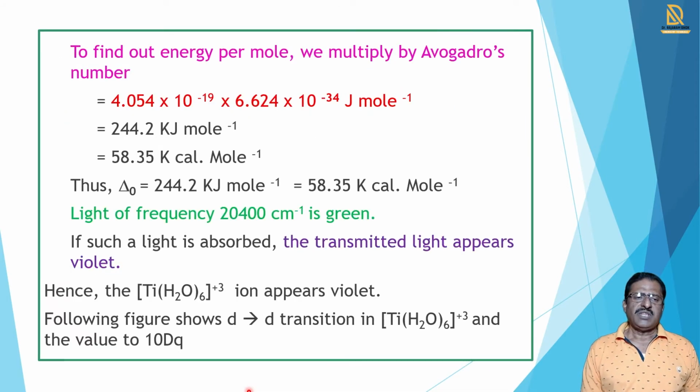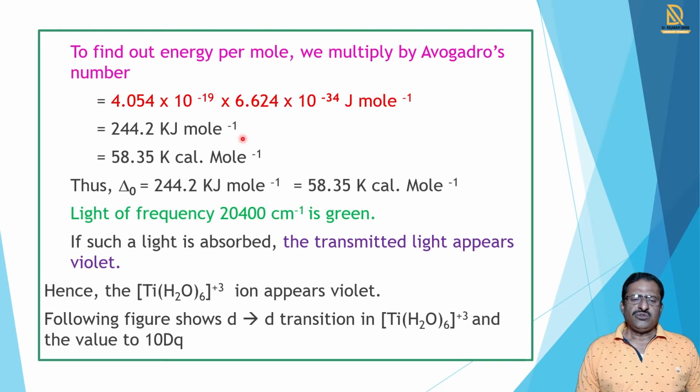After that we find the energy per mole. By multiplying by Avogadro's number, we get the values per mole. So we multiply 4.054 × 10^-19 by Avogadro's number, and by calculation we get 244.2 kilojoules per mole.